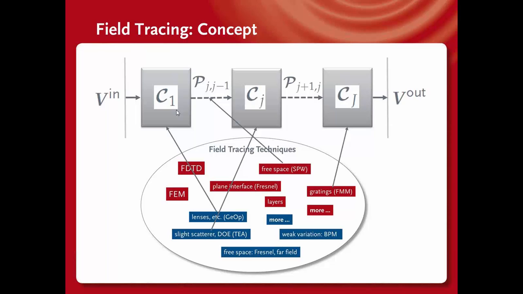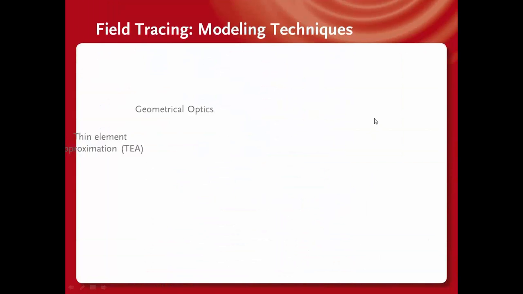A third component might be some scatterer or some kind of diffractive optical element. There we could use the thin element approximation to propagate light through. And as a last component, there might be some kind of grating. In this case, we could use a Fourier modal method, which is a rigorous Maxwell solver, to propagate the light through the grating.